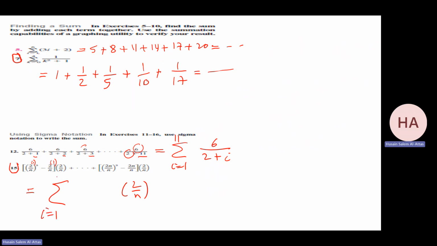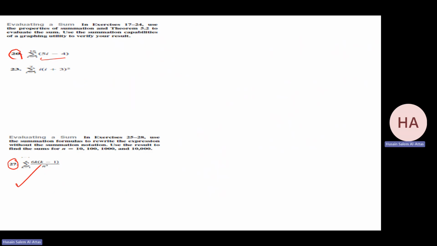Summation i equal 1 to n, where I have 2i over n cubed minus 2i over n, all of this times 2 over n. Check it. i equal 1, I have 2 over n cubed minus 2 over n, times 2 over n. i equal n, the last one, it will be 2n over n cubed minus 2n over n. And i equal 1 to n.